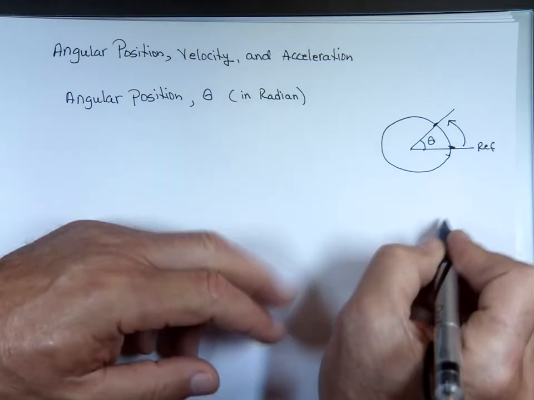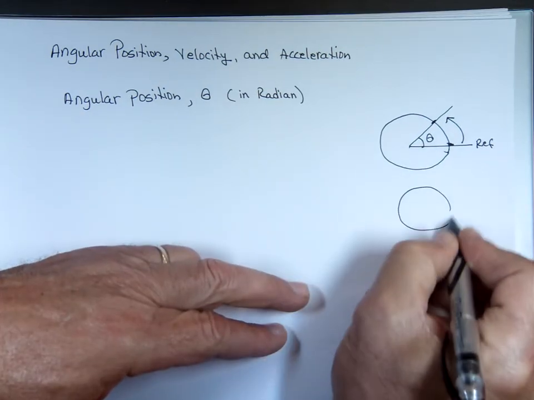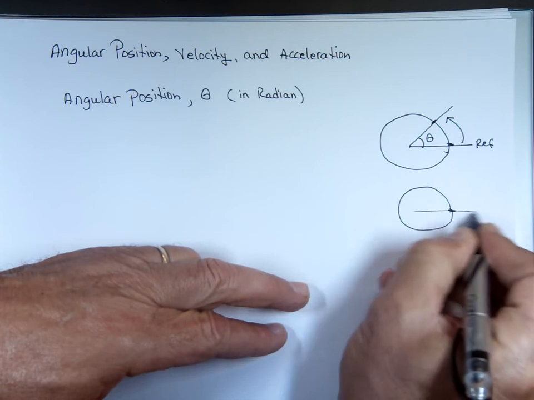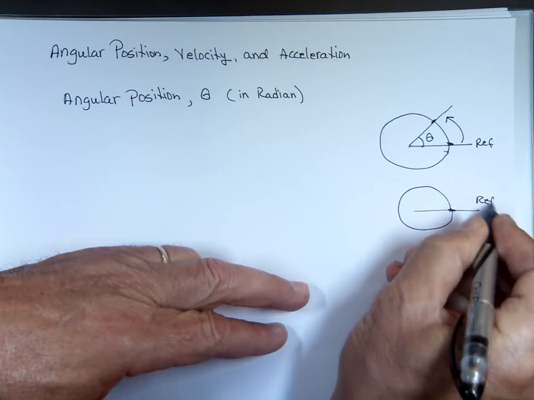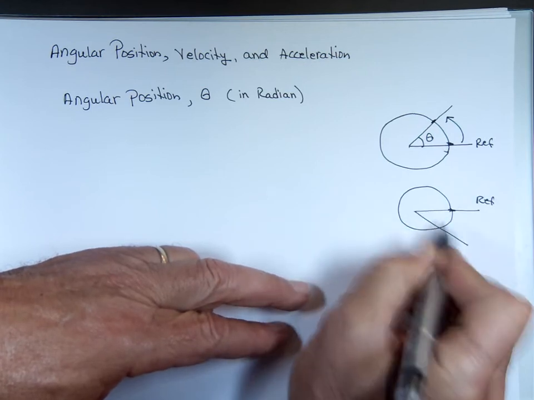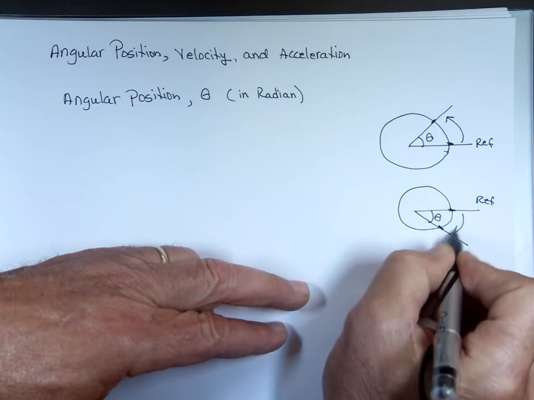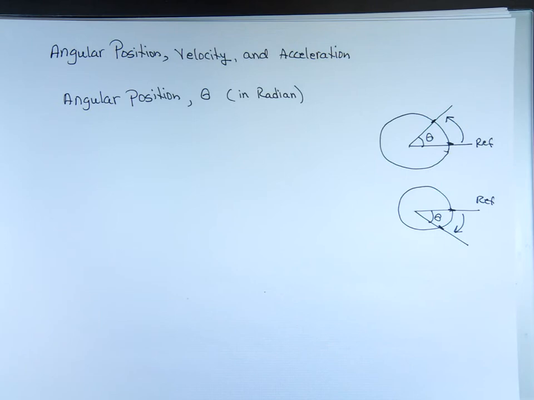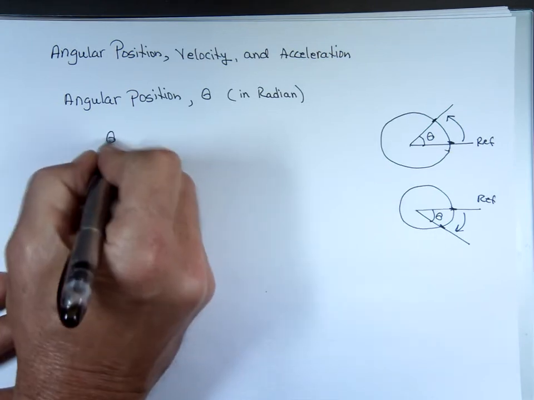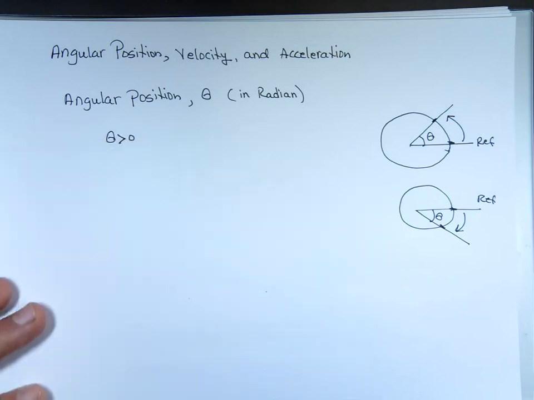It's also possible that you can take the wheel again, and there's the mark on it, and that's your reference, and you travel in this direction. So we use a positive value if you do what?